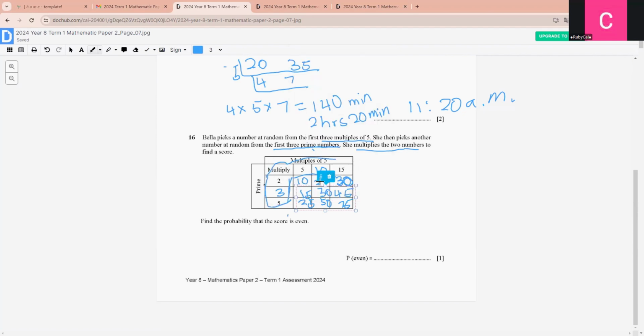So you only check the ones in the center. And there are 1, 2, 3, 4 even numbers. And in total, sorry, 5 even numbers. And in total there are 9. So the probability that it's even is 5/9.